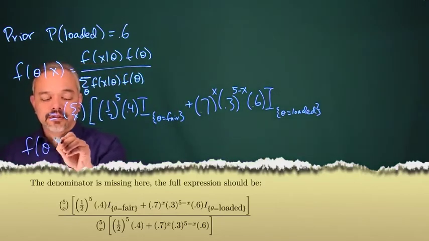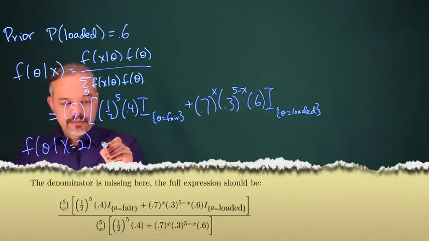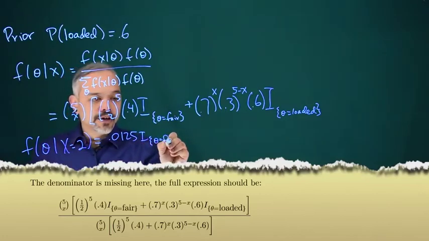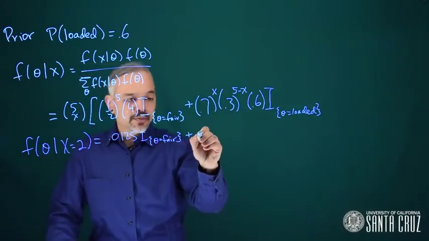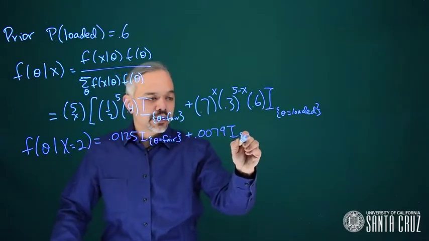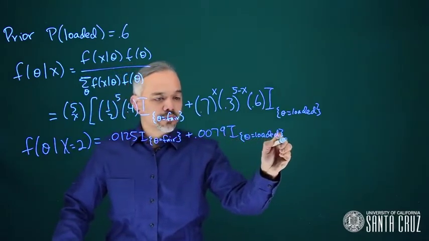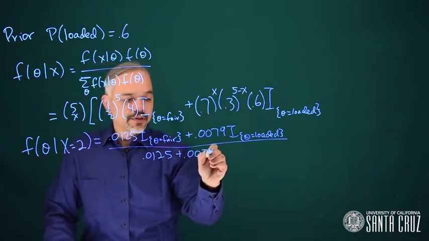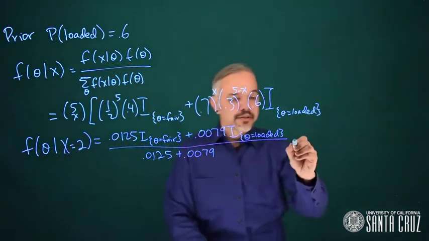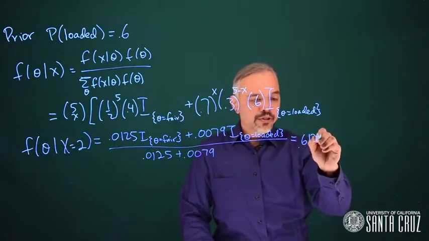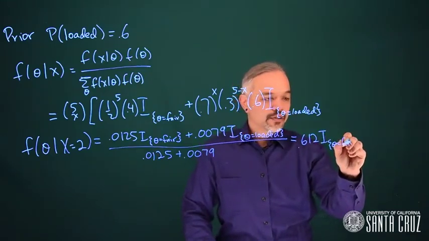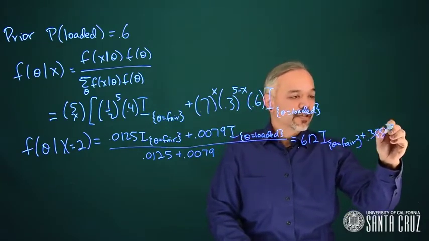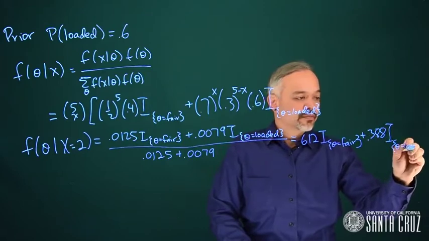If we plug in our observed data x equals 2, this will work out to be 0.0125 theta equals fair, plus 0.0079 theta equals loaded, over 0.0125 plus 0.0079. Simplifying this, we get 0.612 theta equals fair, plus 0.388 theta equals loaded.